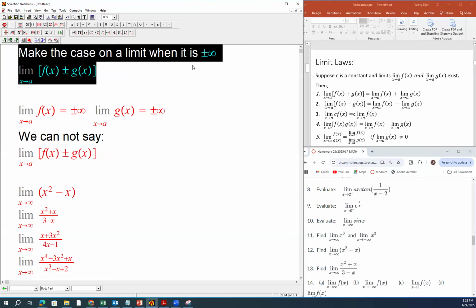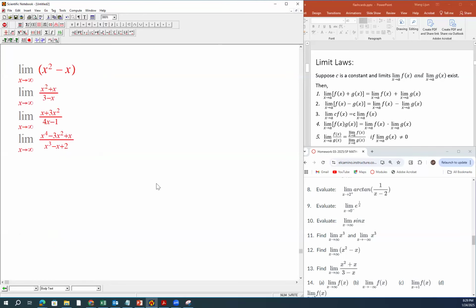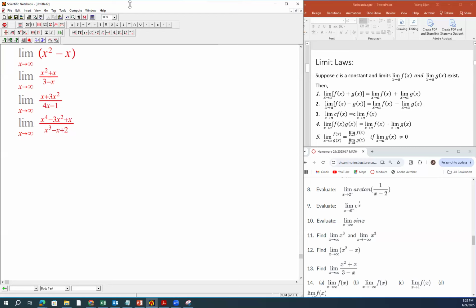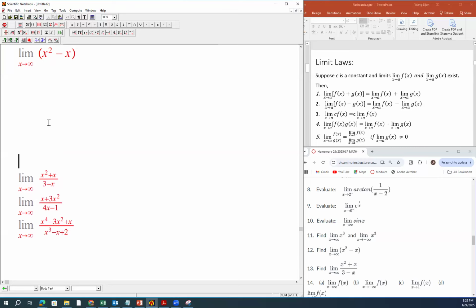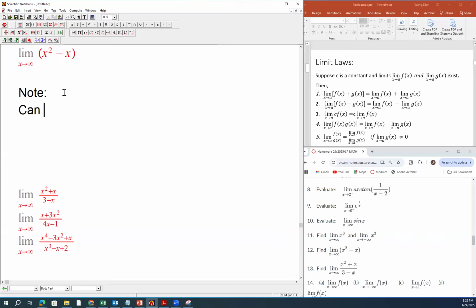So how do we make the case on a limit when it is infinity, positive infinity or negative infinity? Take the first one, for example. Numbers 12 and 13 are similar. On this case, we certainly cannot apply the limit law, so let's make a note. We cannot do the following.